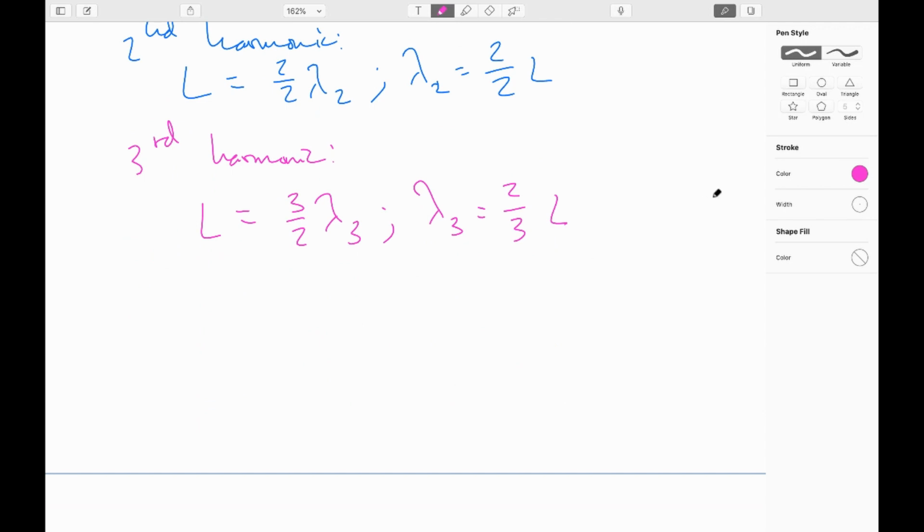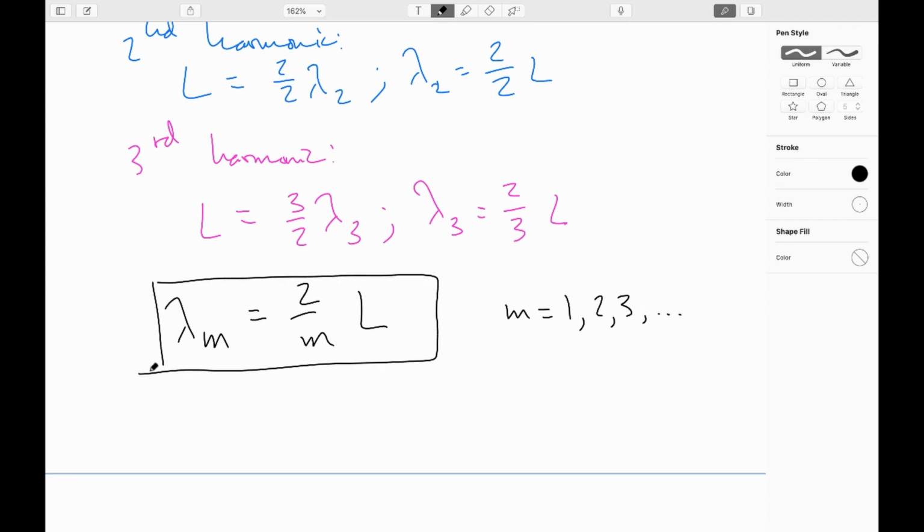So our general case is that the mth allowed wavelength, the mth harmonic, so here m is not mass, it is just an integer, will be equal to 2 over m times the length of the string. So like I say, m is an integer, it's not the mass. So there we go.